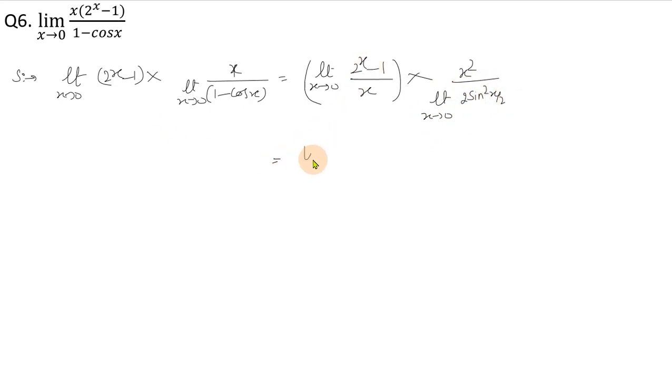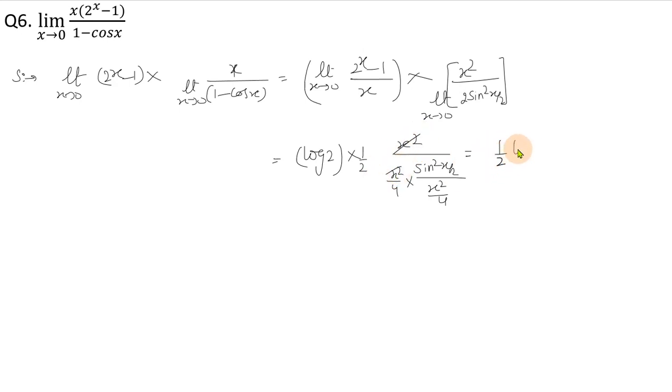So first term is log of 2 into x square upon, so here we write 1 by 2 out and sine square x by 2. So we need to divide by x square by 4 into x square by 4. Multiply and divide by x square by 4. So this x square gets removed from here.